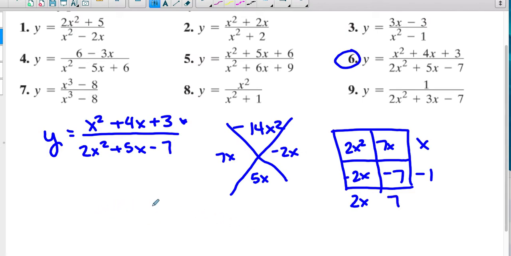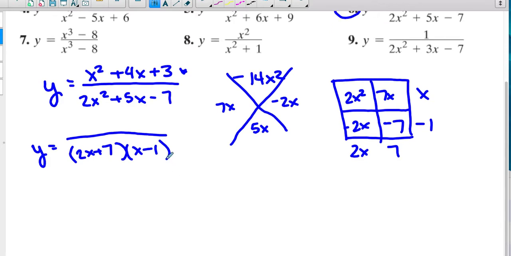Okay, so then our denominator, like I said, don't really care what's in the numerator. We have 2x plus 7 times x minus 1. And now what I need to do is set each of those equal to 0 and solve for x. So then you have 2x plus 7 equals 0 and x minus 1 equals 0.